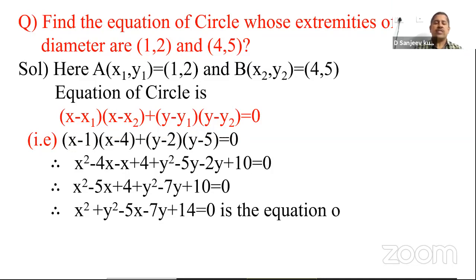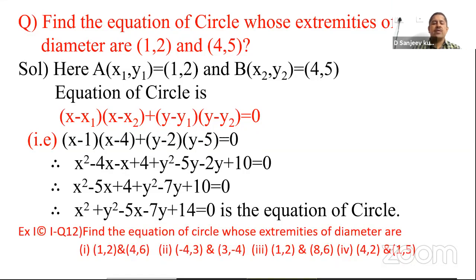So students, have you followed this problem here? It can be asked for 2 marks in the examination. Based on this, I have given some practice. It is again from the textbook, exercise 1C, first section, question number 12.